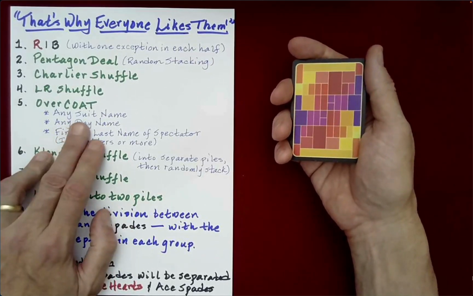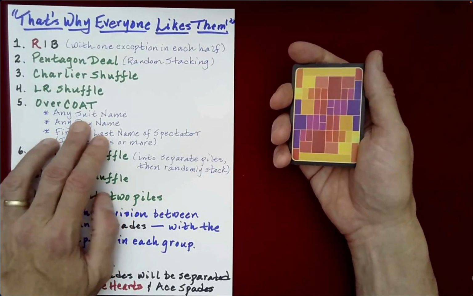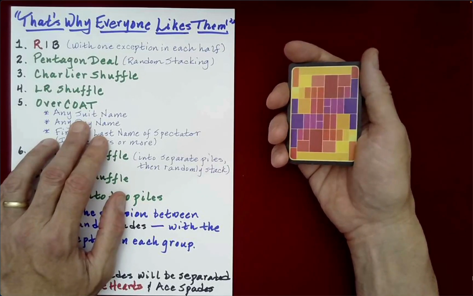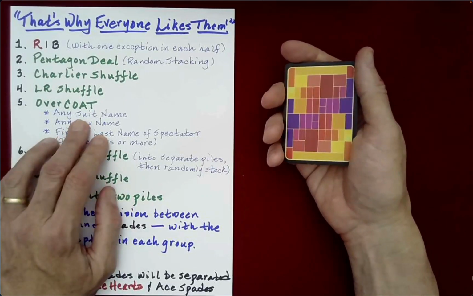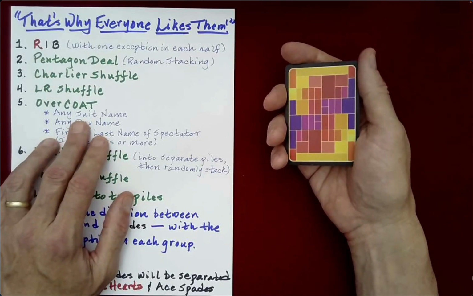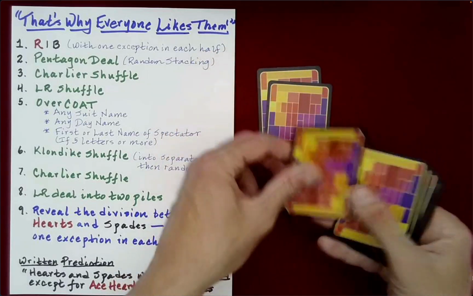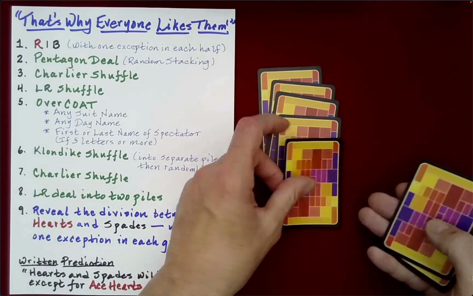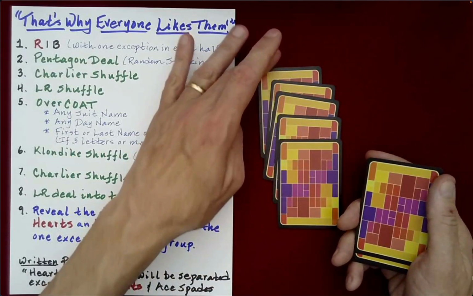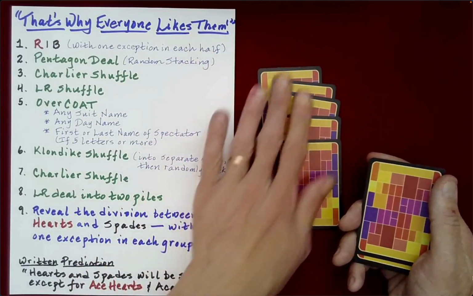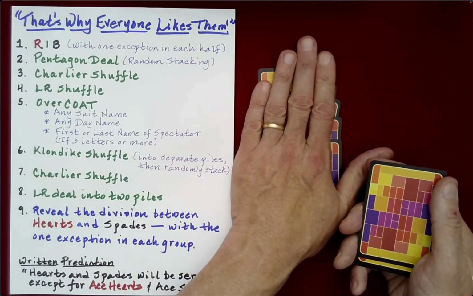So for example, any of the suit names, clubs, hearts, spades, diamonds, all have 5 letters or more. Okay, so for example, if we spell out diamonds, D-I-A-M-O. Well, think about it. This is 1/2 of the packet so far, right?